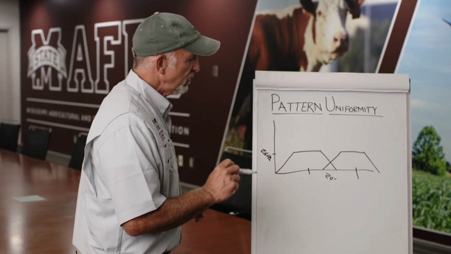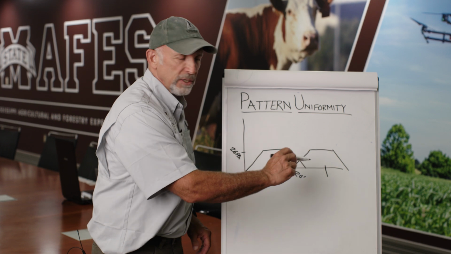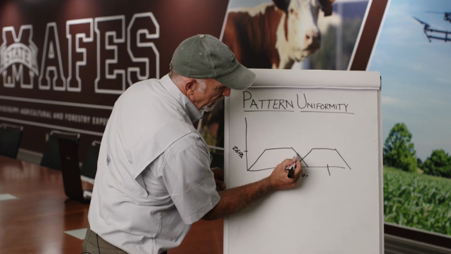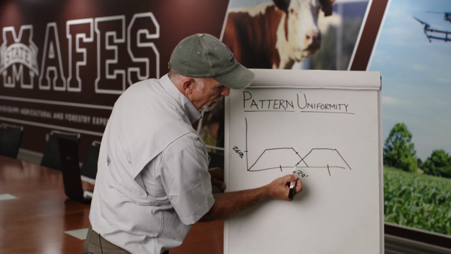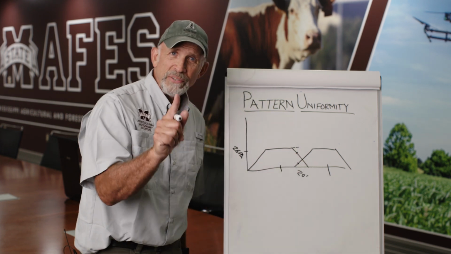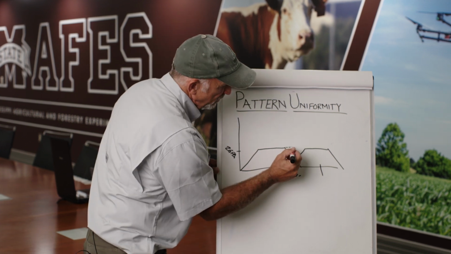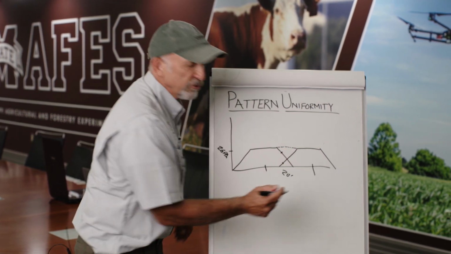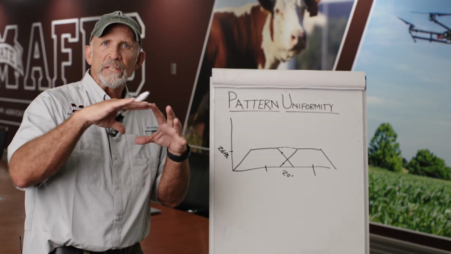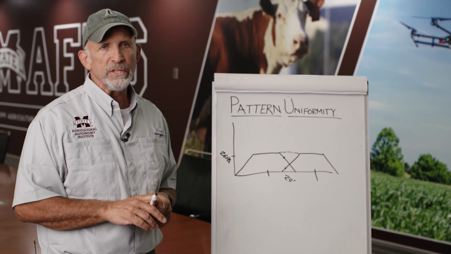Now what you do with this is, since this pattern overlaps this other pattern to the right, we can actually take this amount right here, this 75% here, 25% there, and it comes up to this amount right here. We have 50 and 50 right here, so 1 gallon per acre here, 1 gallon per acre there. That brings us up to 2 gallons per acre, such that when those overlap, we get a consistent 2 gallons per acre across that whole field is what we're trying to do, all right?